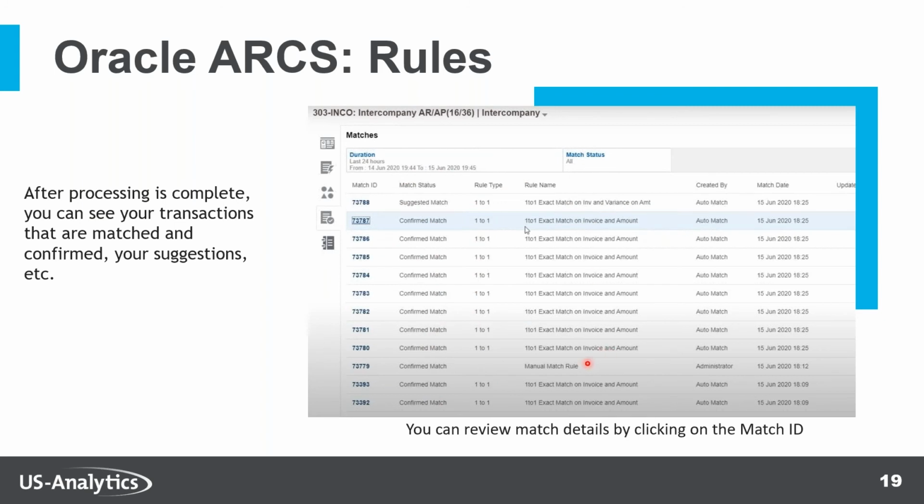So it will group into buckets all of your transactions and your confirmations for the month. And then you can click on each of these match IDs and look at all the underlying transactions behind it.